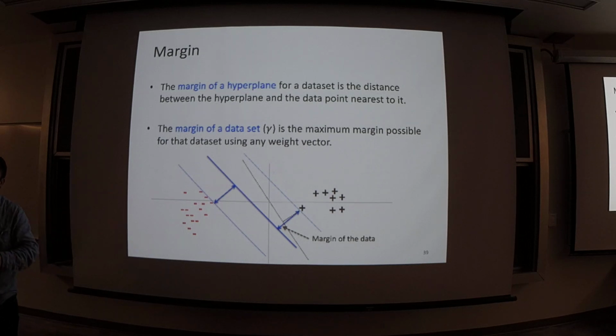So obviously, the larger the margin, the easier it is to distinguish between the positive and negative examples. In other words, the easier it is to construct a linear classifier for that. So actually, margin reflects how easily you can linearly separate the data set.